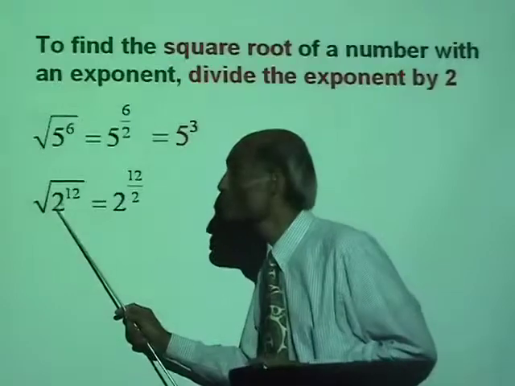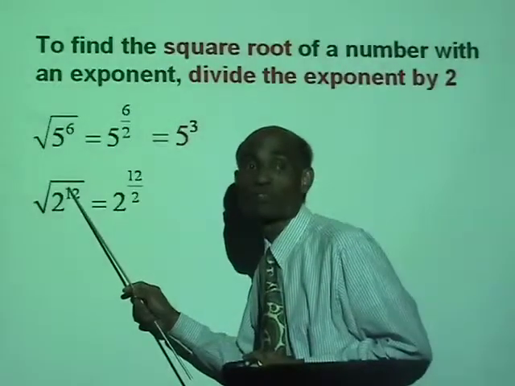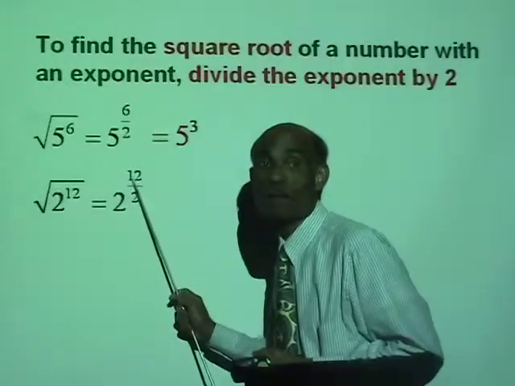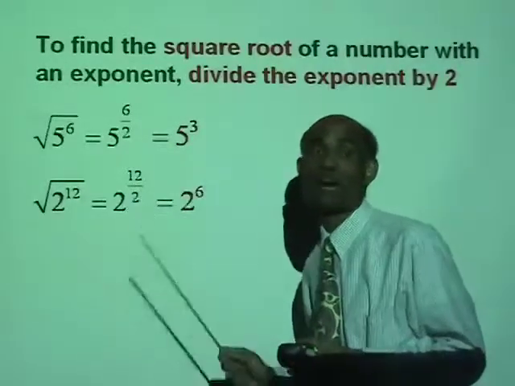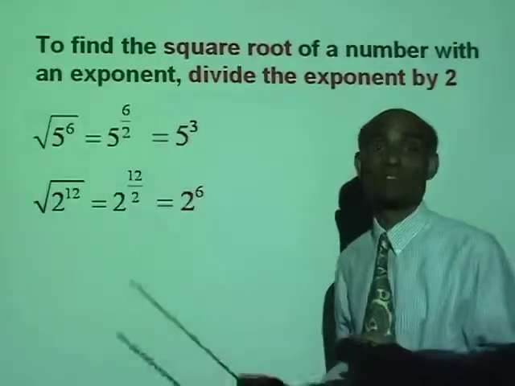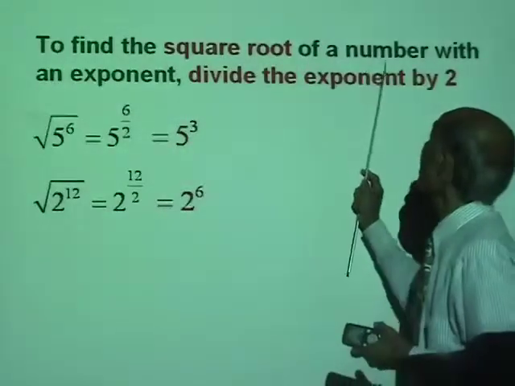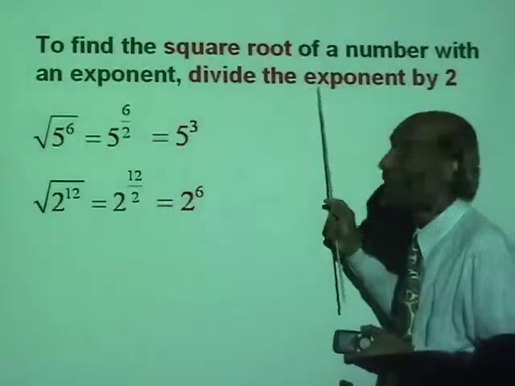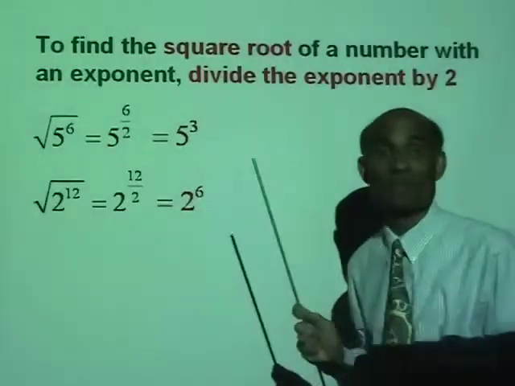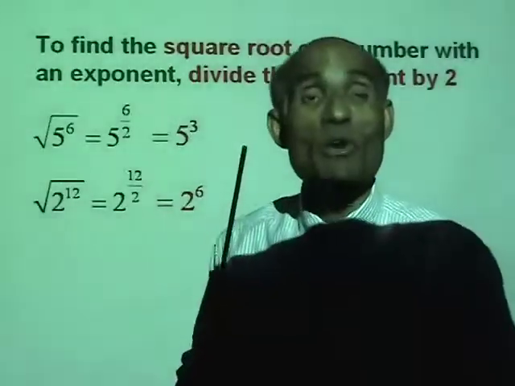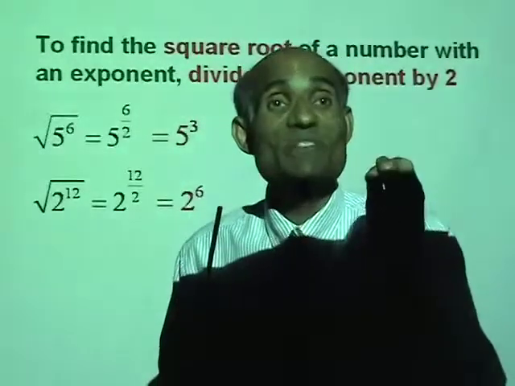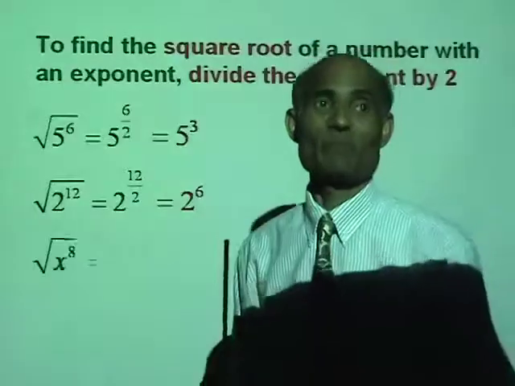Square root of 2 to the power of 12 is 2 to the power of 12 divided by 2, that is 2 to the power of 6. To find the square root of a number with an exponent, divide the exponent by 2. That means if the exponent is even, then that number is a perfect square.